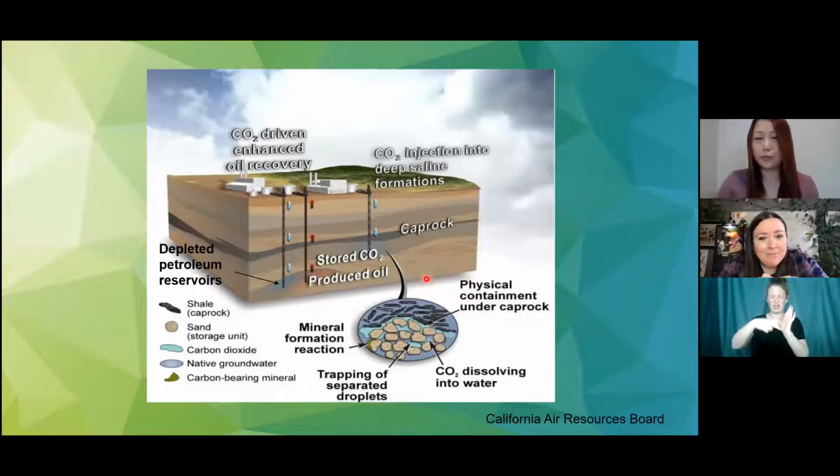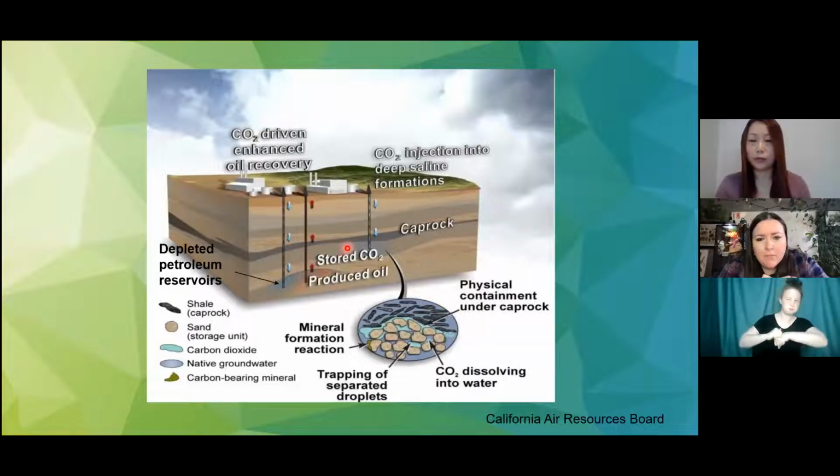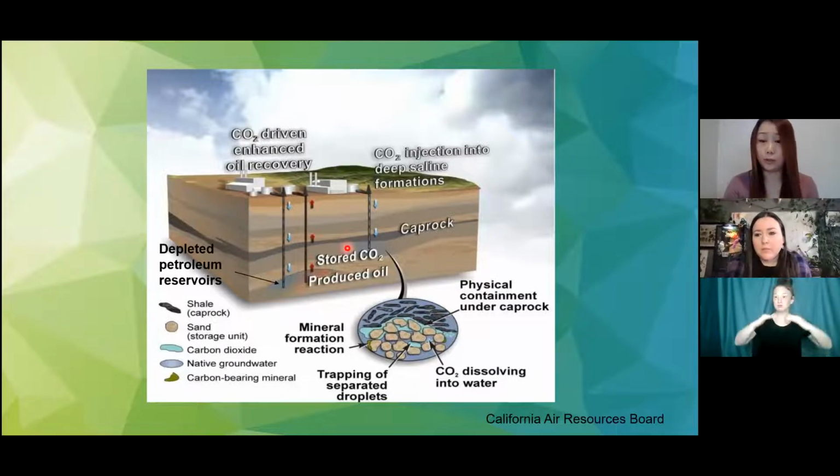I really just want to point out one term is called Caprock. And Caprock really is a very impermeable layer of rocks that's able to keep all the buoyant oil and gas underground, because oil and gas is very buoyant and it likes to flow up when you put it in water.